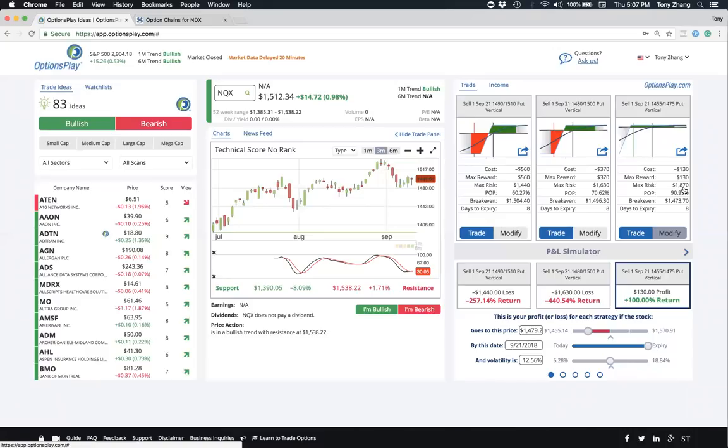I hope you guys were able to really learn something about the construction of credit spreads and understand really the two core concepts: the relationship between probability and risk reward, as well as the distance between the two strikes and how that changes with respect to the distance from the current price to define your opportunity, and then looking at the risk reward within that opportunity, looking at near the money strikes all the way to far out of the money strikes, understanding the difference and the outlooks of the underlying index and when you should deploy each one of these strategies. I hope I was able to illustrate that to you guys here with OptionsPlay.